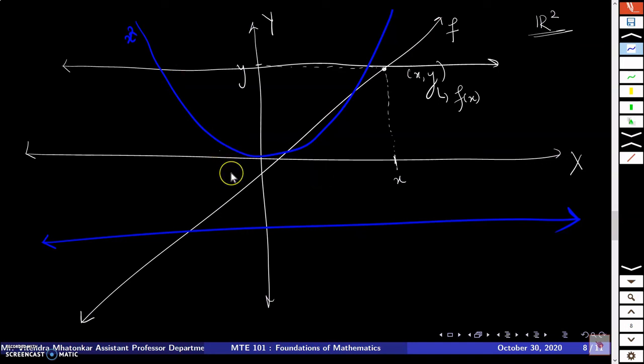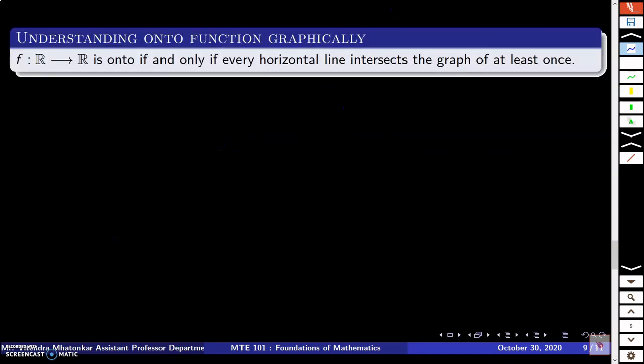Okay, so from this I can conclude that a function f from R to R is onto if and only if every horizontal line intersects the graph of the function f at least once. So no matter where you take the horizontal line, it should touch the graph of the function at least once.